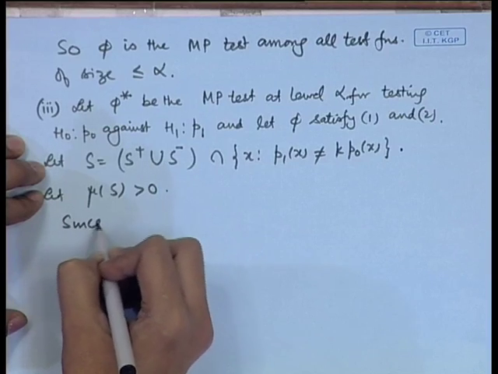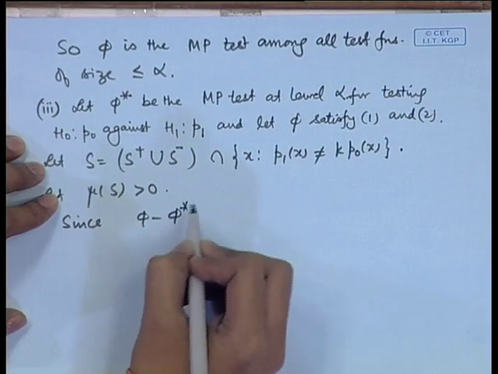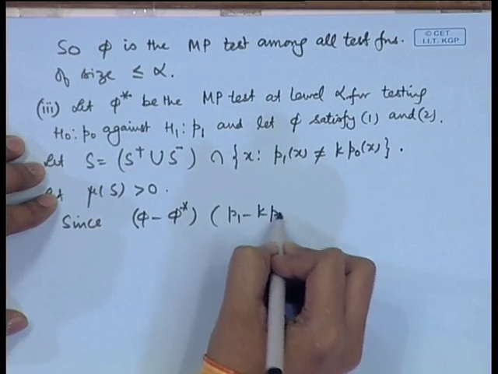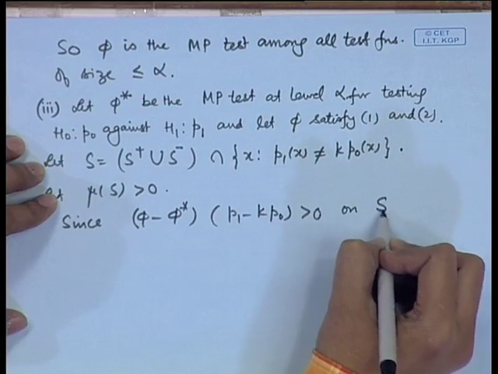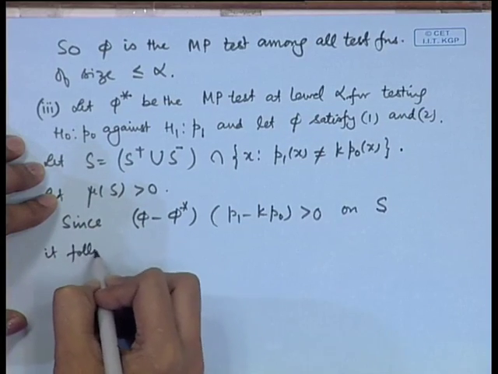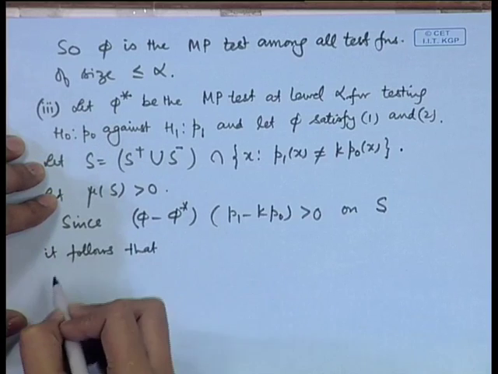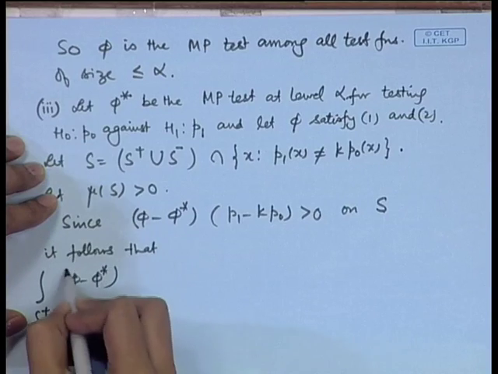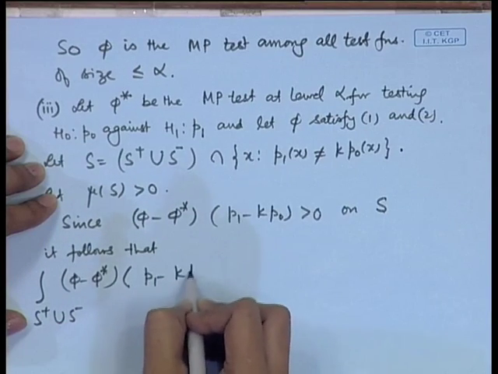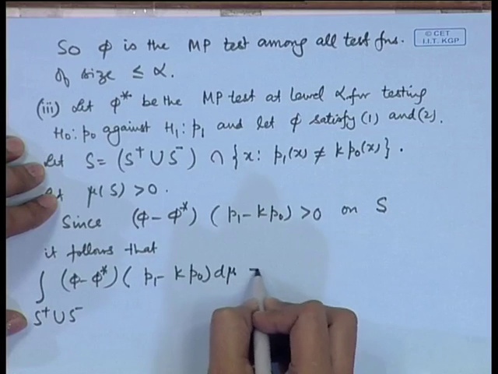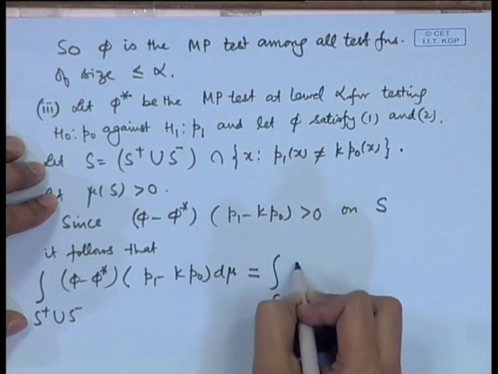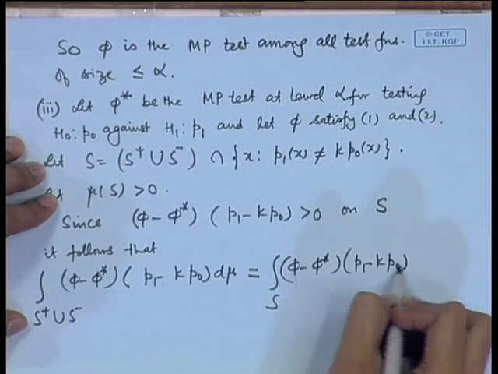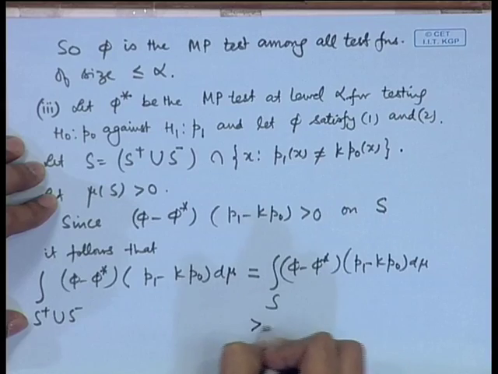So, as already observed, phi minus phi star into P 1 minus k P naught is greater than 0 on S. It follows that the integral over S plus union S minus of (phi minus phi star) P 1 minus k P naught d mu is equal to the integral of phi minus phi star P 1 minus k P naught d mu. This is strictly greater than 0.